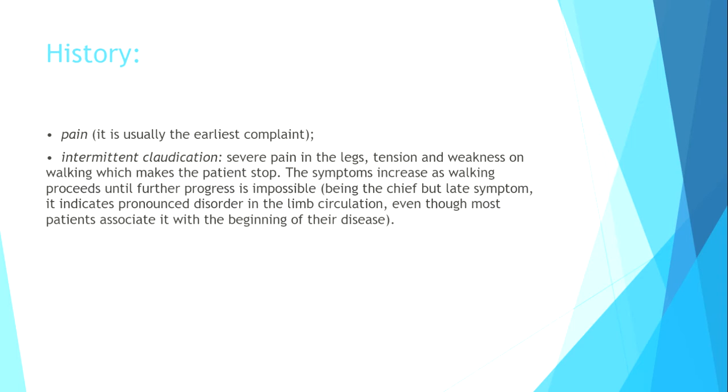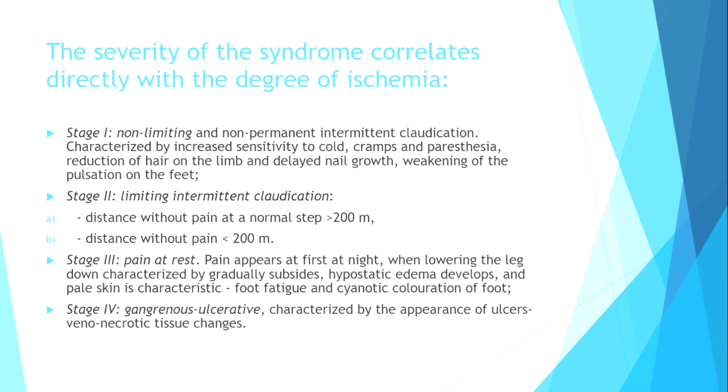The symptoms increase as walking proceeds until further progress is impossible, being the chief but late symptoms. It indicates pronounced disorder in the limb circulation, even though most patients associate it with the beginning of their disease. The severity of the symptom correlates directly with the degree of ischemia.